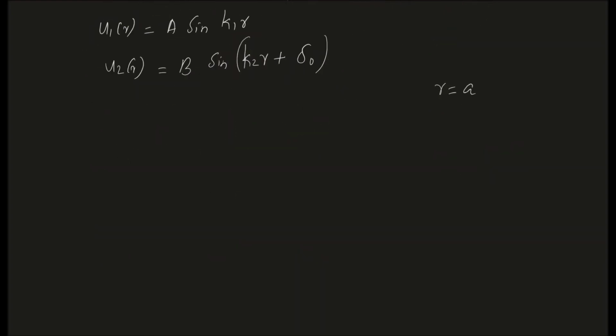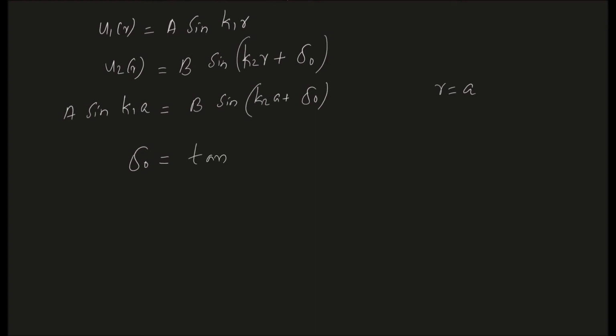Then it will tell you that A sine k1a is equal to B sine of k2a plus delta 0. So if you solve this expression, you can get an expression for the phase shift delta 0, that you can do as an exercise. Solve this one and get an expression for delta 0.